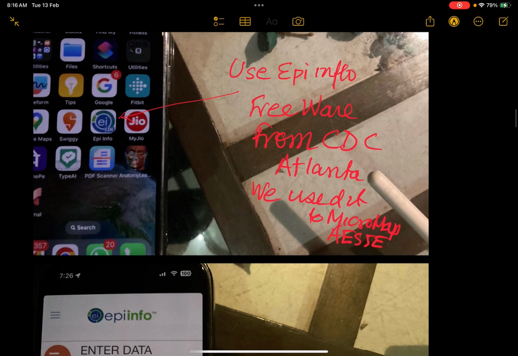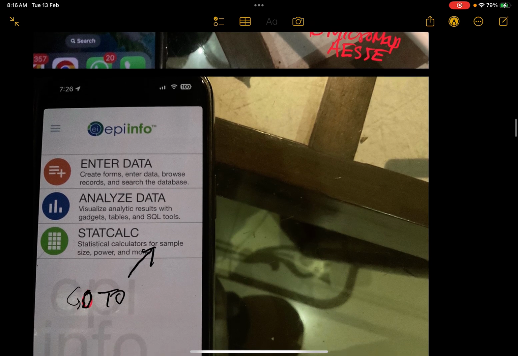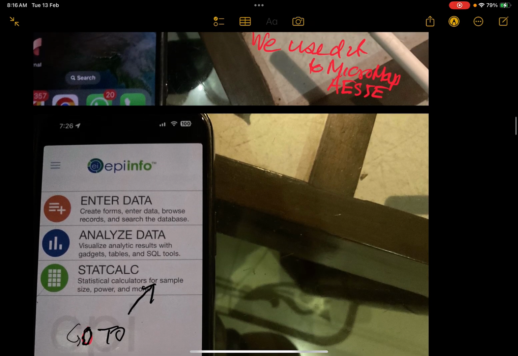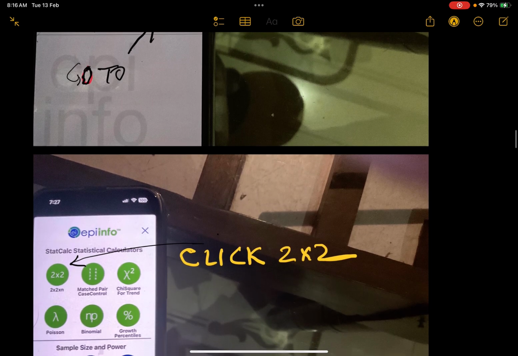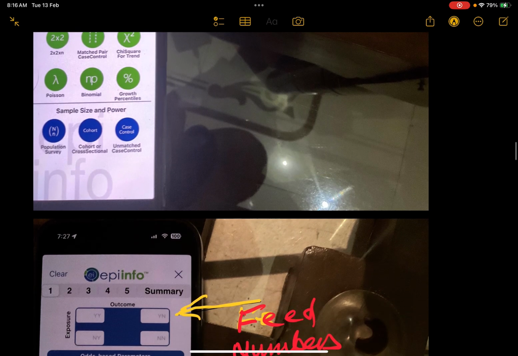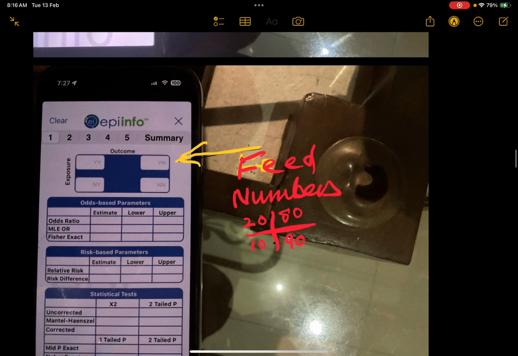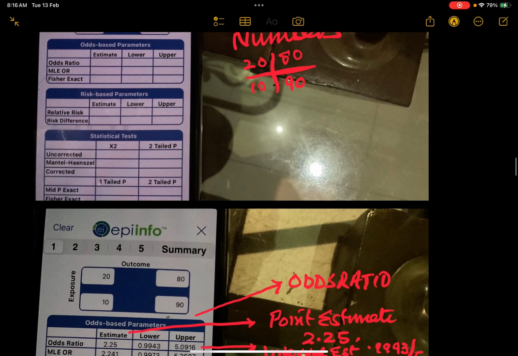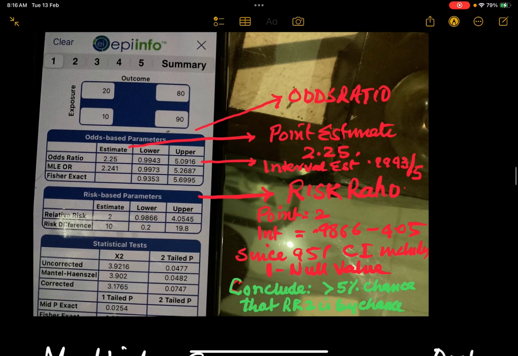We use this software to make the micro mapping of AES. You open the EpiInfo, go to the StatCalc, choose the 2 by 2 table, feed the numbers 20, 80, 10, 90 here, and you will get these estimates. You remember the 2 and the 2.25? All right. These are point estimates and these are the 95% confidence intervals.